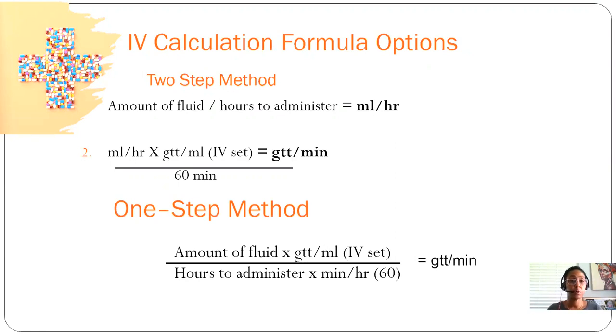If you are comfortable with any of these, please feel free to use them. These formulas are included in our resources below, but the one thing I do like about dimensional analysis is that it encompasses all of the formulas into one problem that you could use. So we're going to do any IV practice using dimensional analysis.